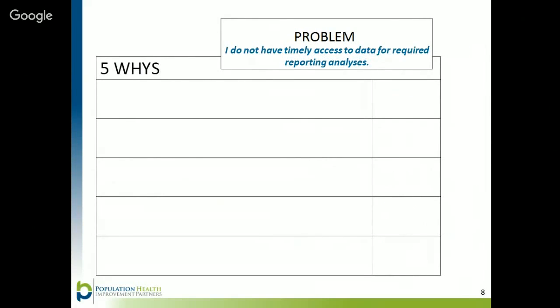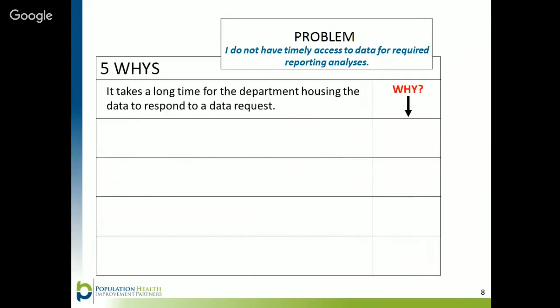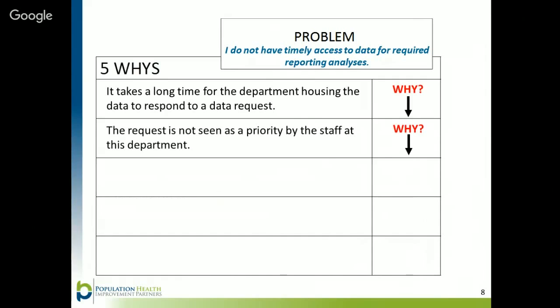Here's a public health related example. The problem is I do not have timely access to data for required reporting analyses. Why? It takes a long time for the department housing the data to respond to a data request. Why? The request is not seen as a priority by the staff at this department.